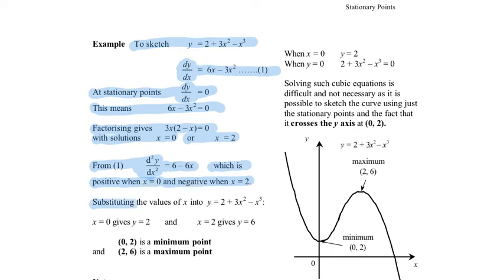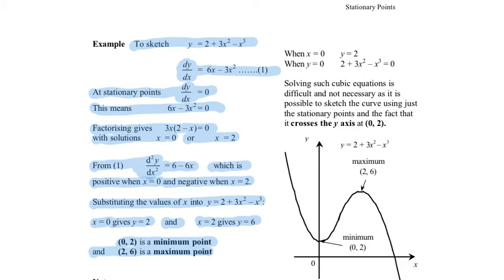So substituting the values of x into our original function, y equals 2 plus 3x squared minus x cubed, when x is 0, we get y equals 2. And when x is 2, we get y equals 6. That means (0, 2) is a minimum point and (2, 6) is a maximum point.